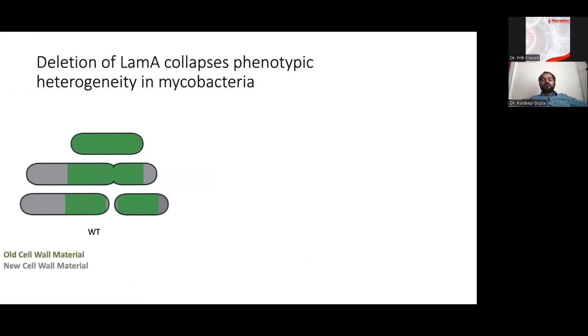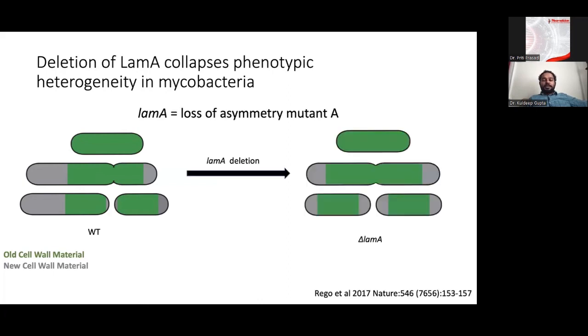We wanted to figure out why this phenotypic heterogeneity arises in mycobacteria. We found a gene called LamA, which stands for loss of asymmetry mutant A. If we delete this gene, the asymmetric cell division in mycobacteria becomes symmetric.